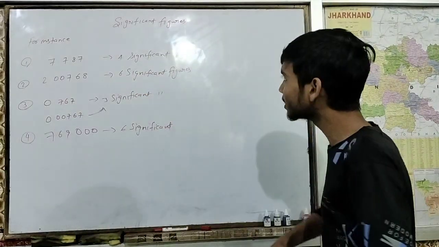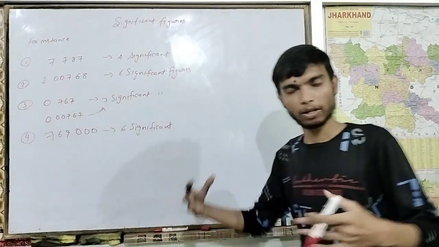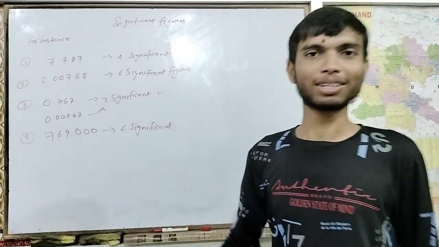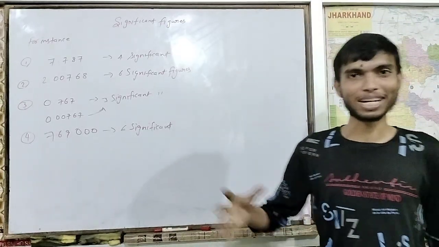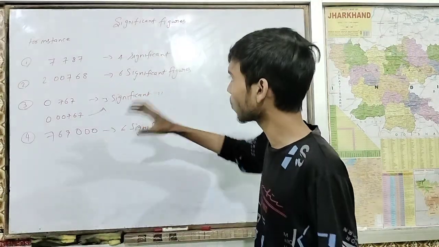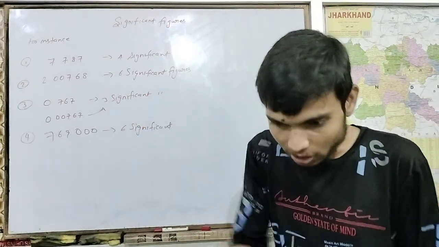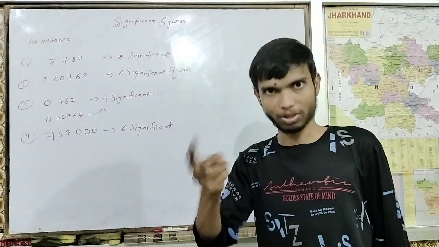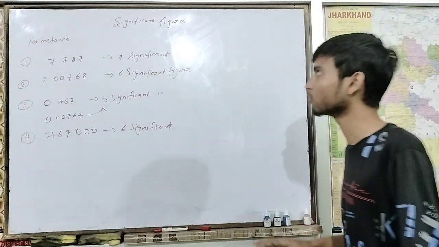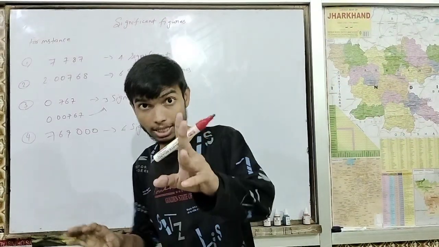So we saw this one rule: if there are non-zeros in a number, all these digits will be counted as significant numbers. The second rule is that if zeros are coming between two significant numbers, those zeros will be valid for significant numbers.